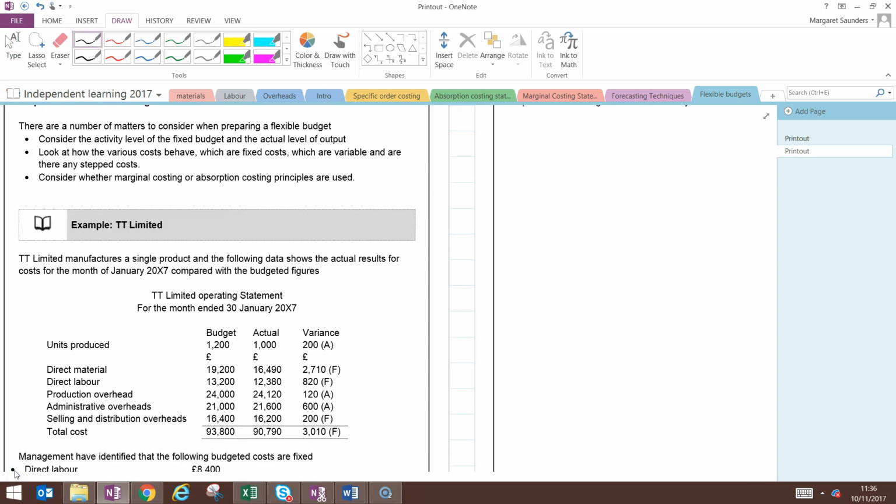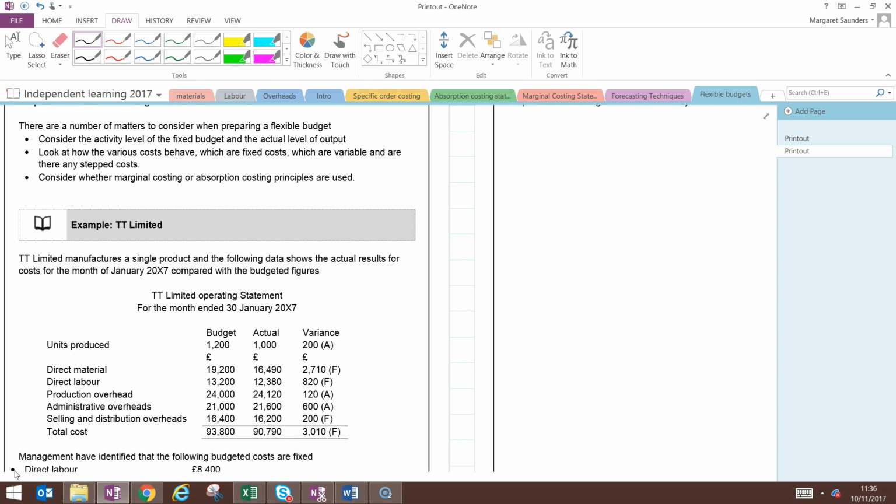So we are now going to look at an example. This is TT Limited. They manufacture a single product, and the following data shows the actual results for the costs for the month of January compared with the budget.